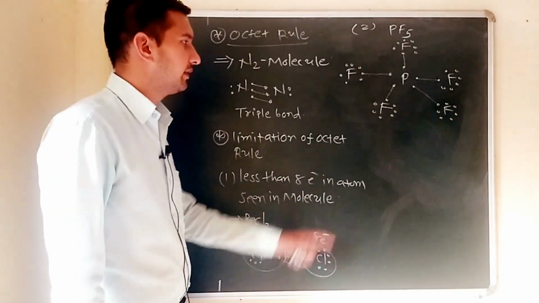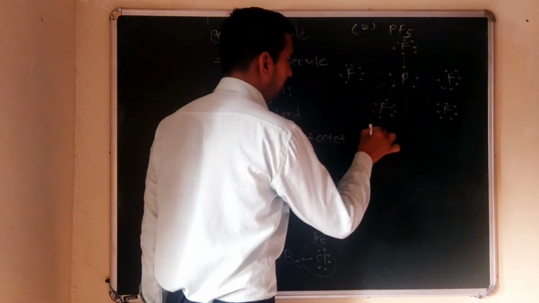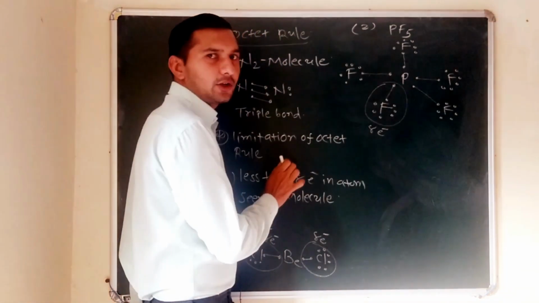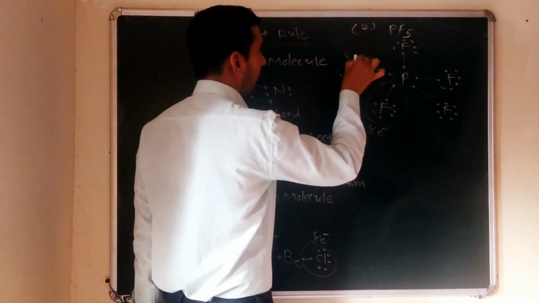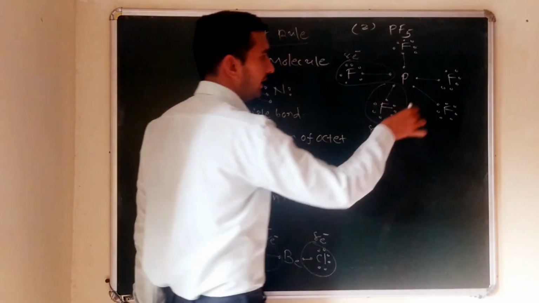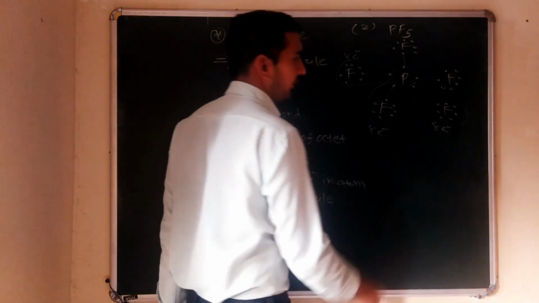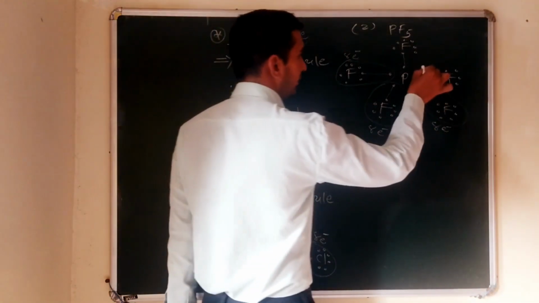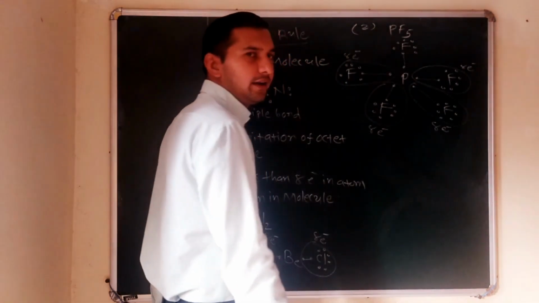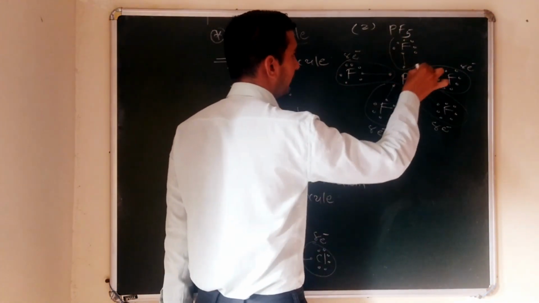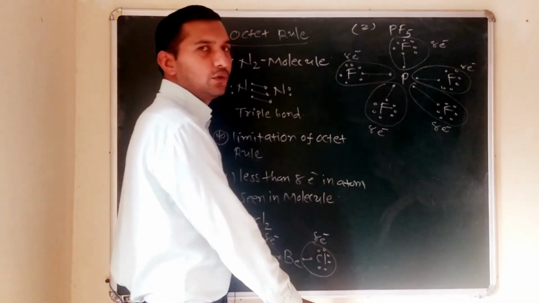So in such a case, each fluorine has completed its octet, since 8 valence electrons are found. These fluorines are also stable because they follow the octet rule. Similarly, this fluorine atom is also stable because it follows the octet rule. This one is also stable because it also has 8 valence electrons, and this one also has 8 valence electrons in its outermost shell.